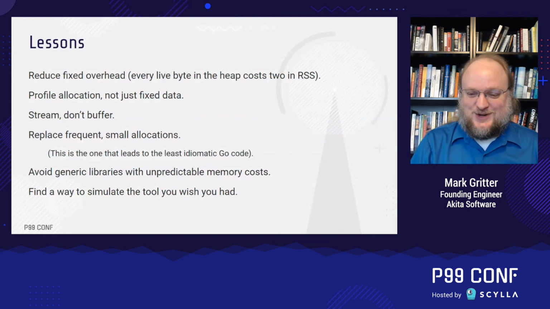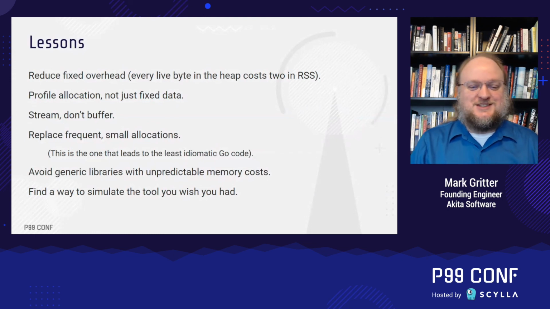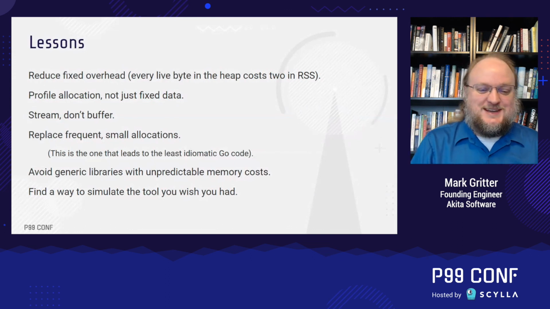It's not very pretty. Go really pushes you towards, oh, well, just allocate a small slice to do X or allocate a map to do X, and those add up. And part of that is understanding your libraries.